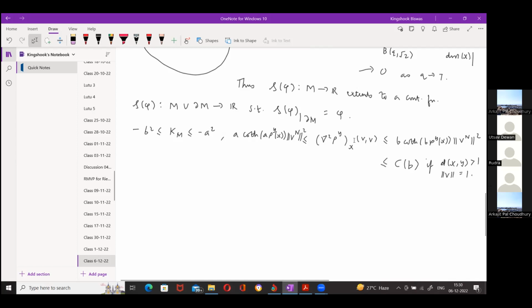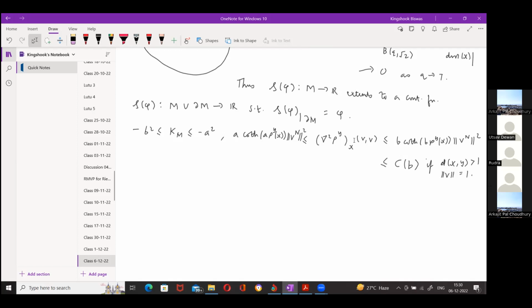And I should mention that if you do not have the lower curvature bound, then in fact, the Dirichlet problem need not be solvable. There are counterexamples where you have negatively curved manifolds, complete and simply connected, but which have negative curvature going to infinity, where the Dirichlet problem does not have a solution.